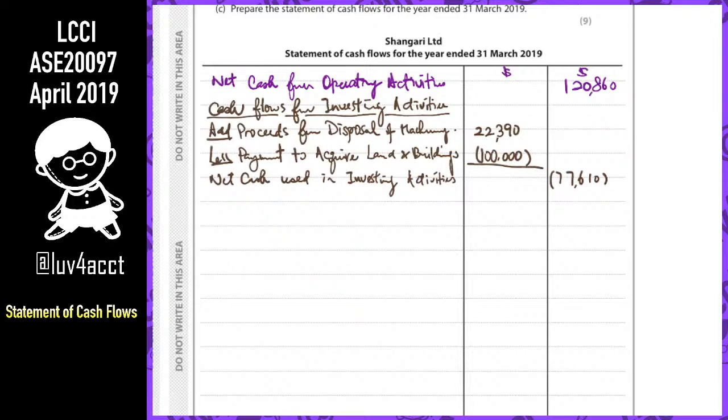Okay, so next we would have cash flows from financing activities. We have dividend paid.